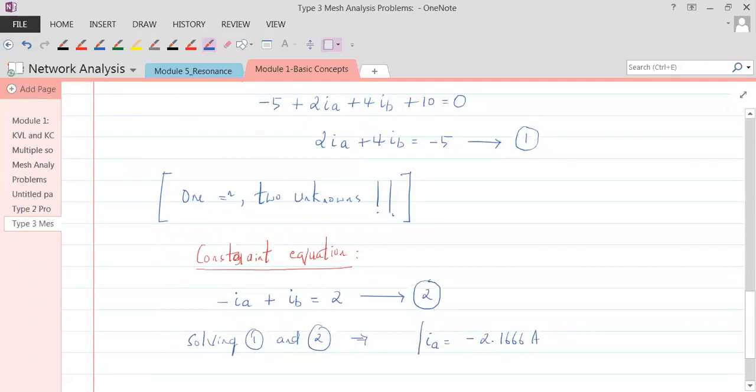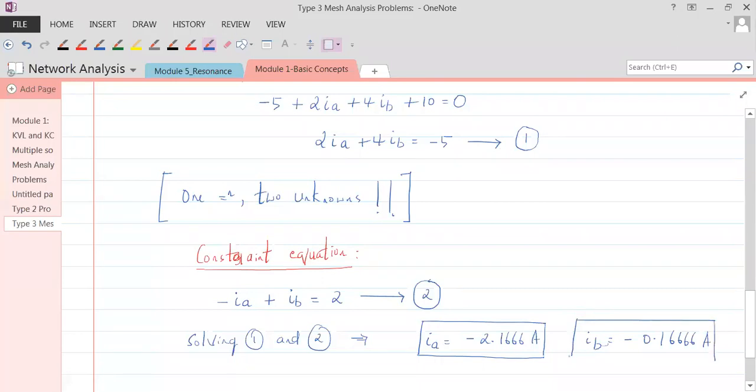You're getting this? IA is this, and our IB would be minus 0.1666 amps. This is your IB.